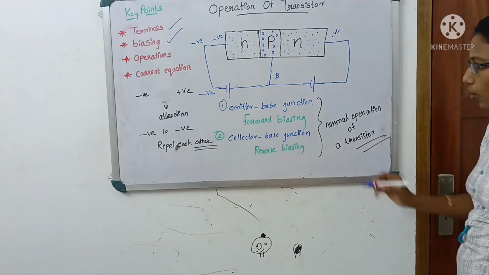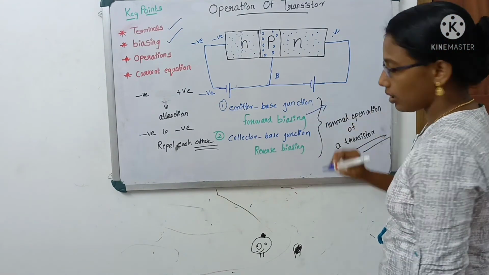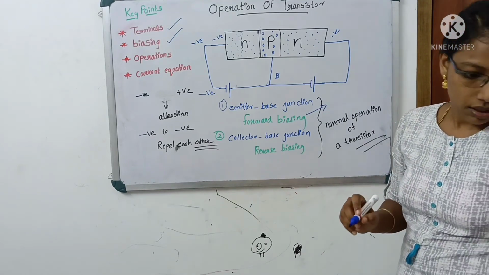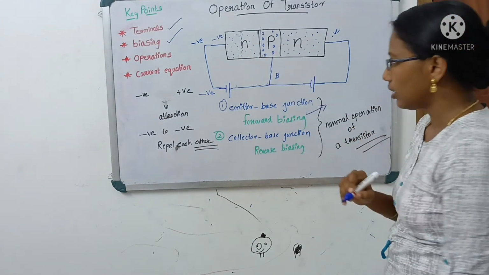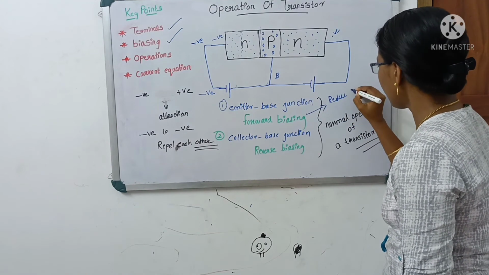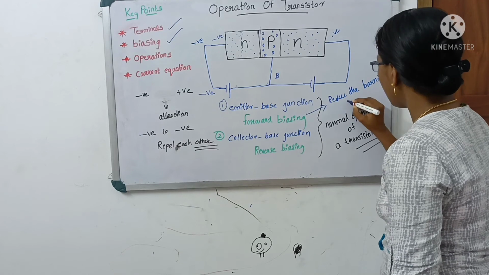So forward biasing means what? The depletion layer width is the barrier potential. So moving like that, we write that it reduces the barrier potential.